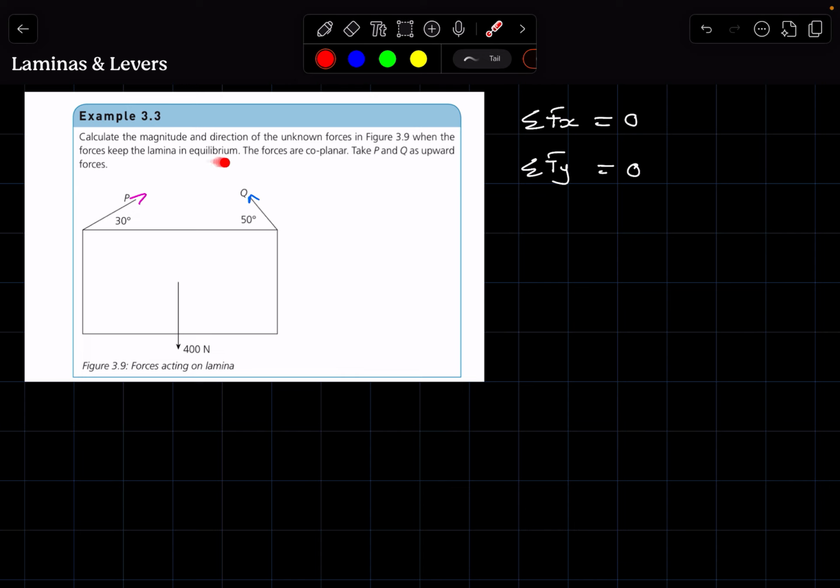Because we've been told that the forces are keeping the lamina in equilibrium. So in this scenario, we know that this is equal to zero, and this is equal to zero.